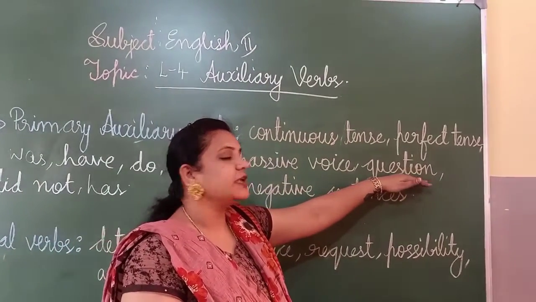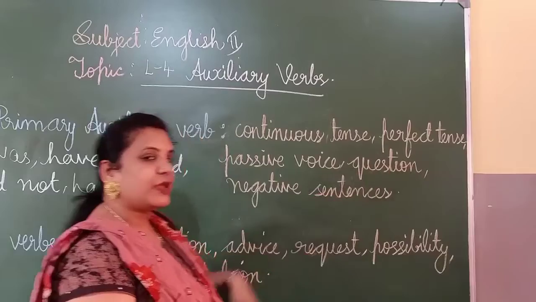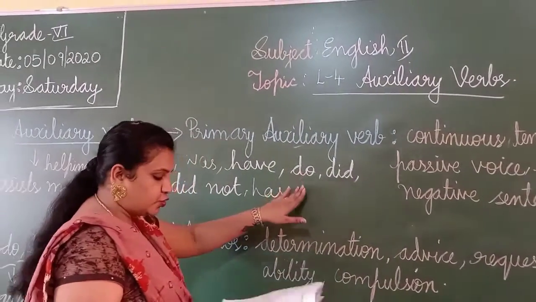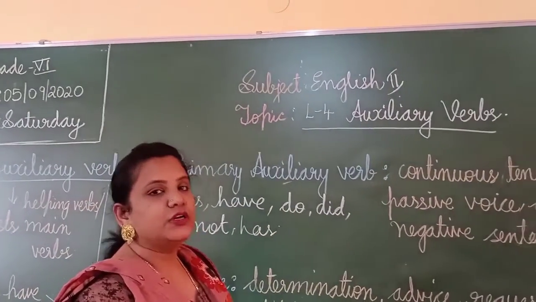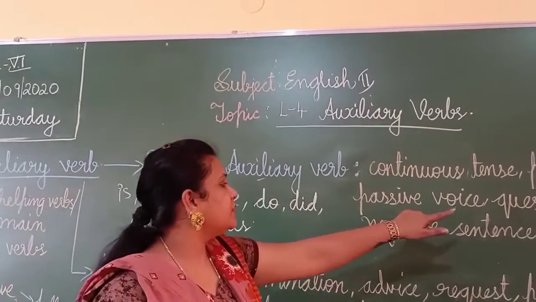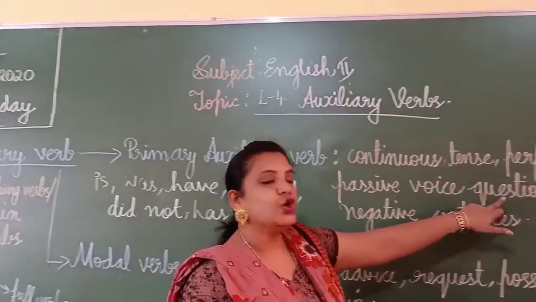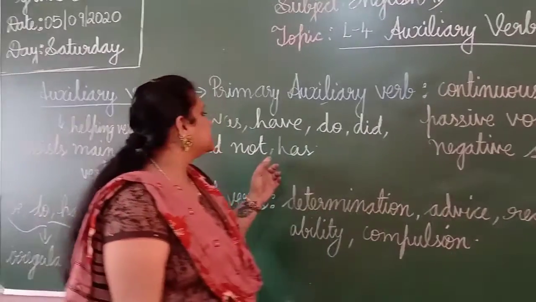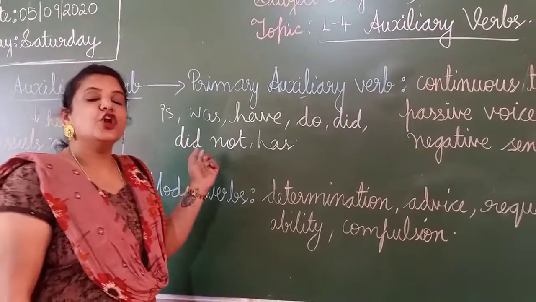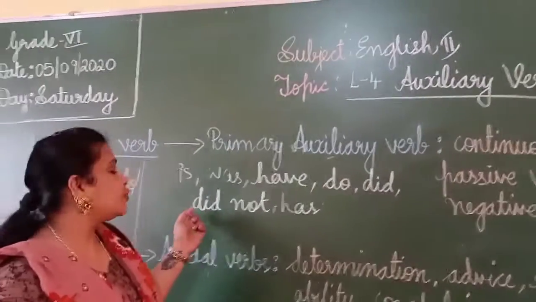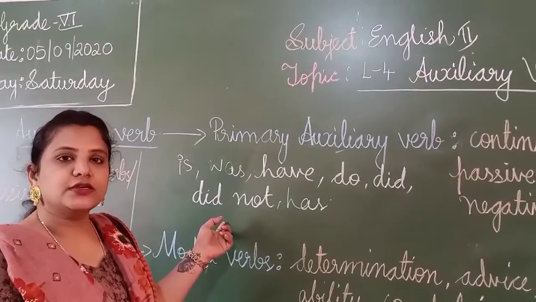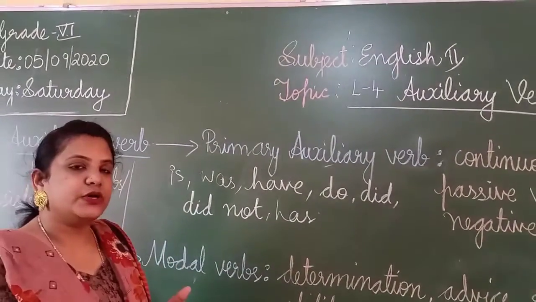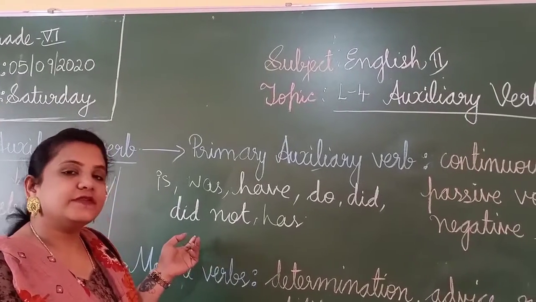And we use primary auxiliary verbs in questions, to frame a question like, do they know you, right? And also in negative sentences. Negative sentences means did not, will not, have not, was not, is not. When you use not words, those are your negative sentences.